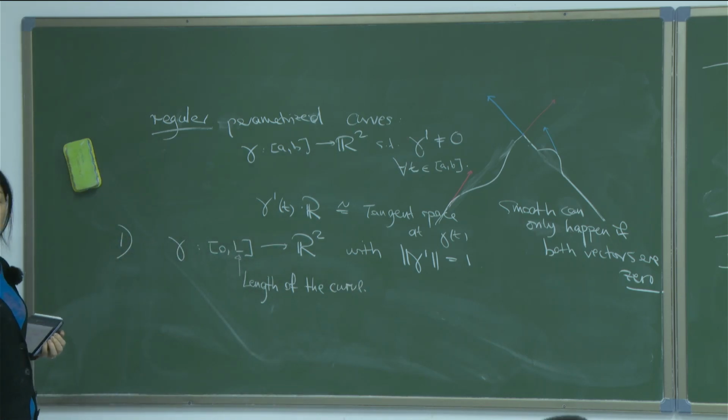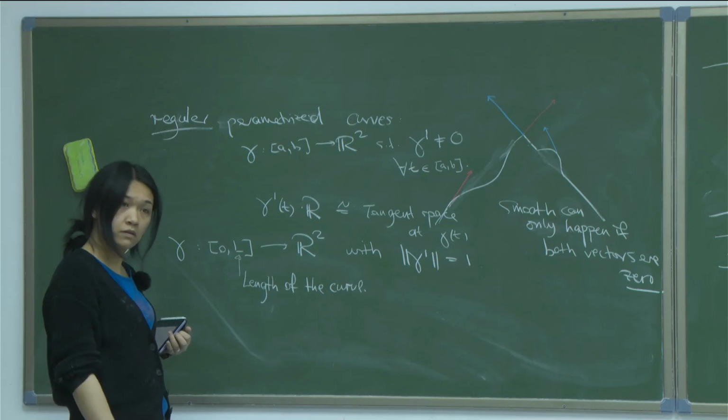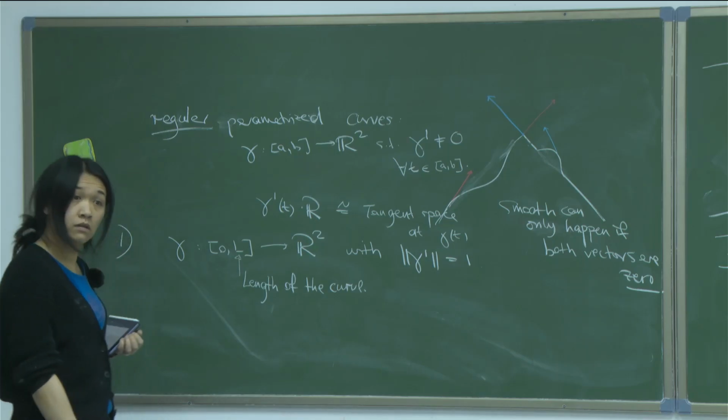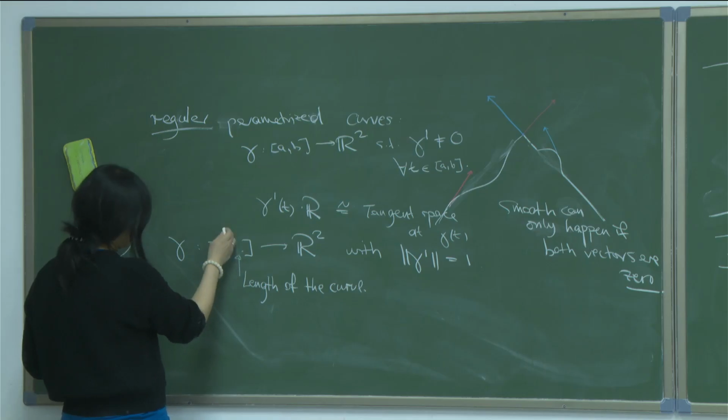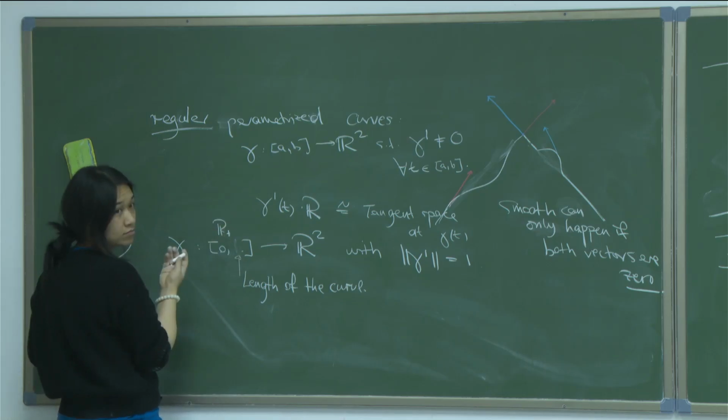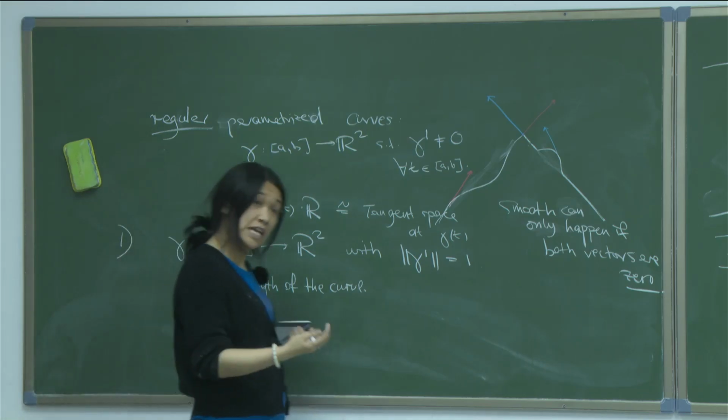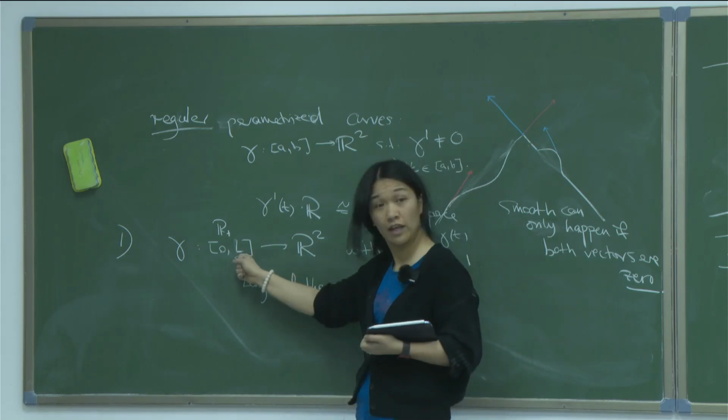This is a question: what about if the curve's length is positive infinity? You can have that, then it's just R plus. That's fine. But if it's finite, then t is always the length of the curve.